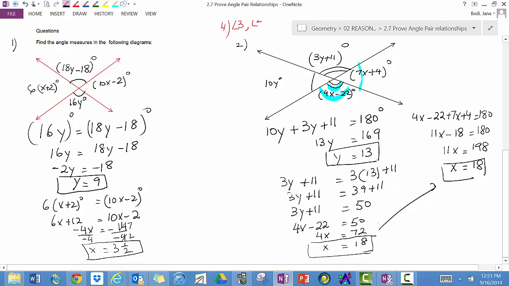My two answers match, which means that I have worked x out correctly. Once again, go ahead and plug x and y in both cases into the expressions for the angles and find the actual angle measures.